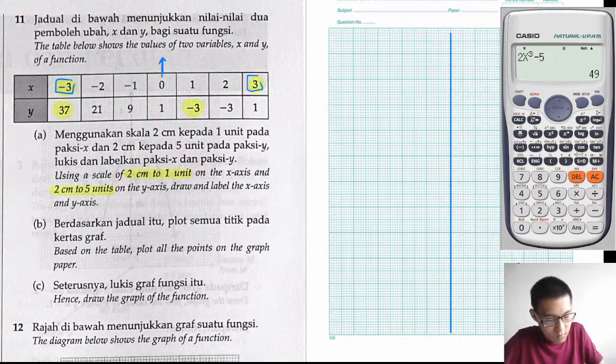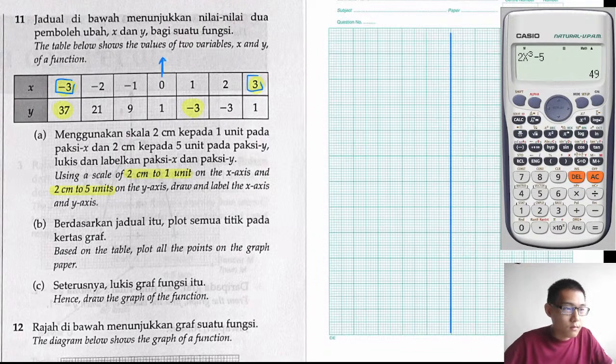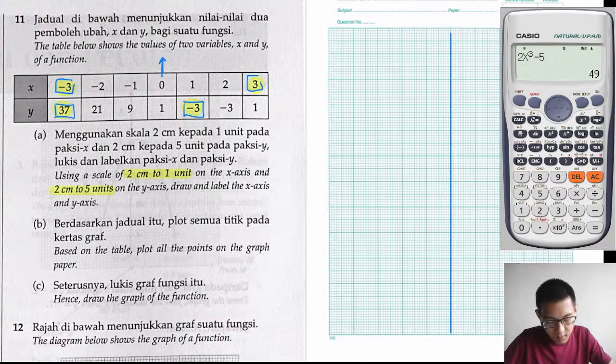It doesn't mean that our graph's origin 0 must be in the center, because it's based on the range. Here we have -3 and 37. That means for the y-axis the negative value is smaller, so we just give a small space like that.